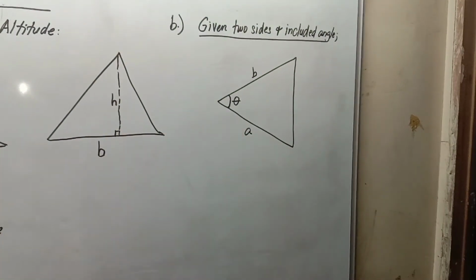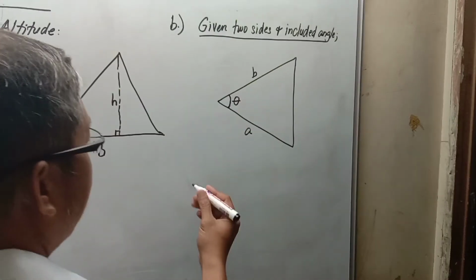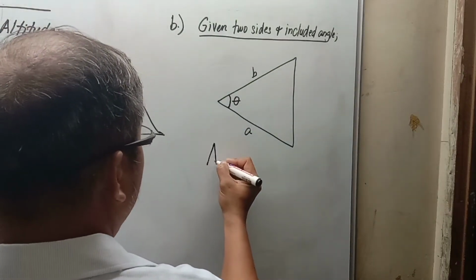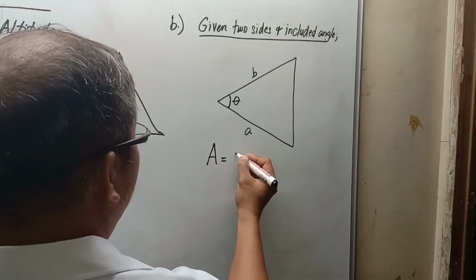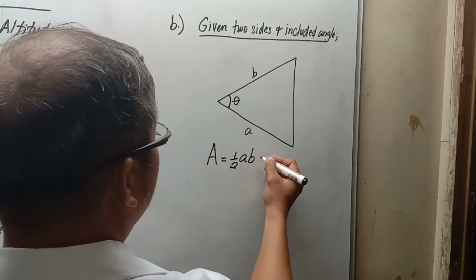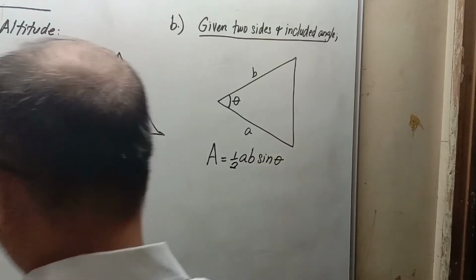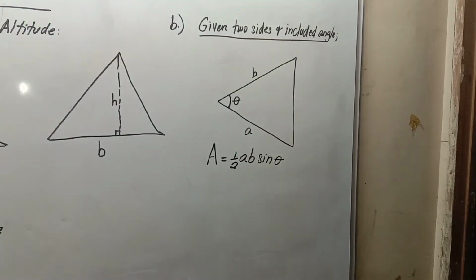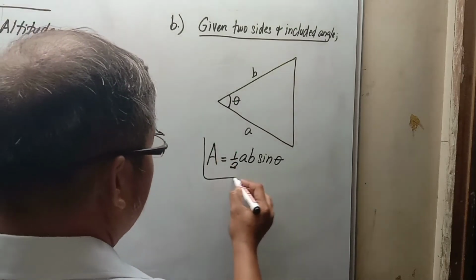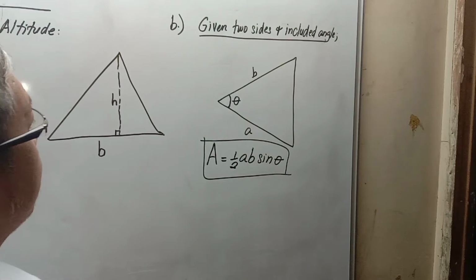Okay, this is theta. Now the formula on how to find the area of this triangle given the two sides and included angle will be A, area, is equal to 1/2 A times B times sine theta. Okay, this one, guys, is the standard equation on how to find the area of this kind of triangle.